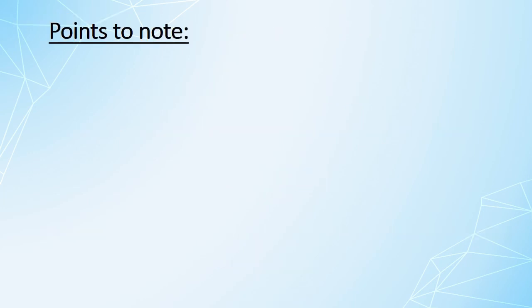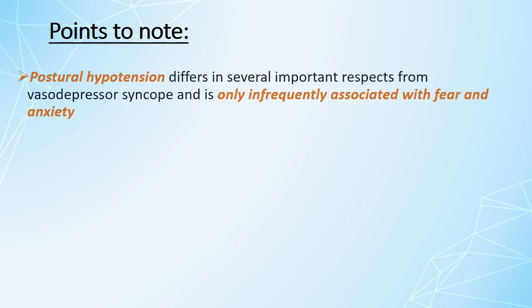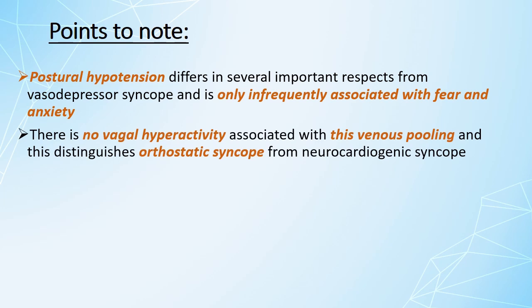Then there are some additional points to be noted, like postural hypotension is only infrequently associated with fear and anxiety, unlike vasodepressor syncope. Also, there is no vagal hyperactivity seen in the cases of orthostatic syncope, whereas in cases of neurogenic syncope or vasodepressor syncope, we had this venous pooling where there was vagal hyperactivity, which was explained through the Bezold-Jarisch reflex.